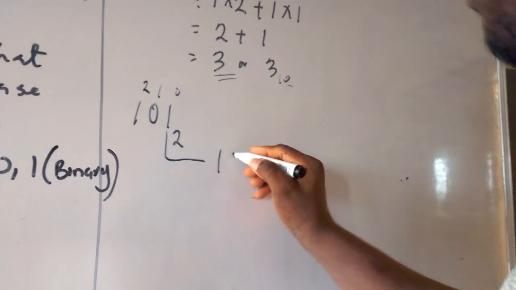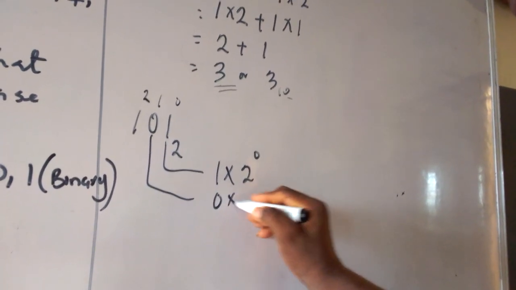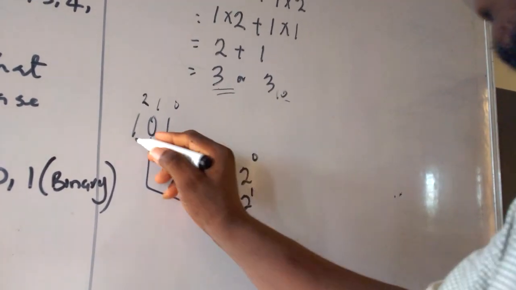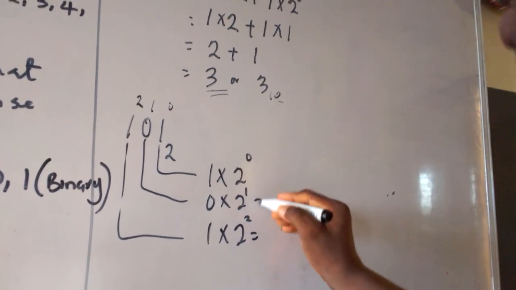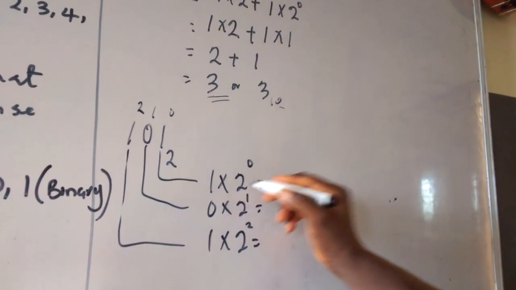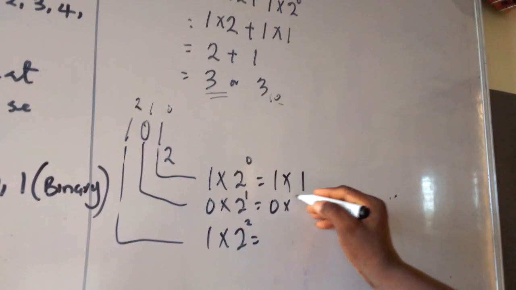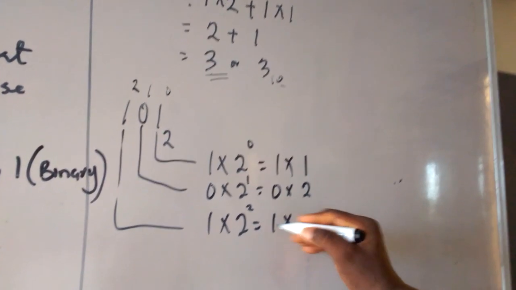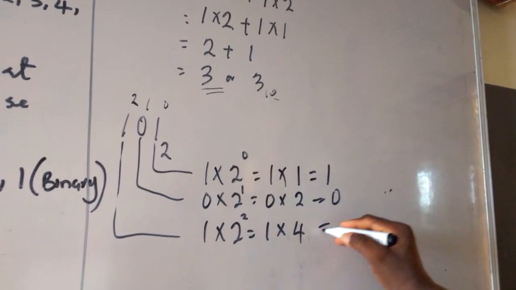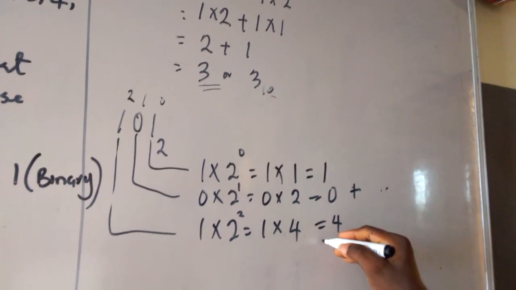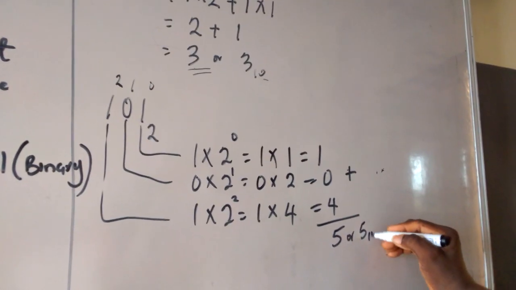Or I simply do this: 1 times 2 raised to the power 0, and 0 times 2 raised to the power 1, and 1 times 2 raised to the power 2. 2 raised to the power 0 is 1, 0 times 2 raised to the power 1 is 0, and 1 times 2 raised to the power 2 is 4. When I add everything here, this gives me 5. I leave my answer as 5, or I say 5 base 10.